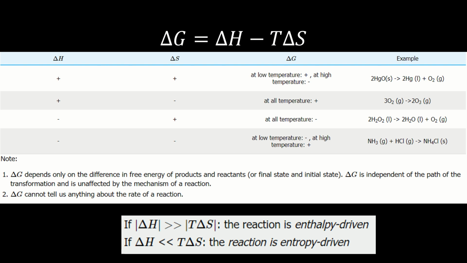The overall value of delta G will still be the same regardless of how many steps it took. All that matters is what do we have at the end and what do we have at the start.